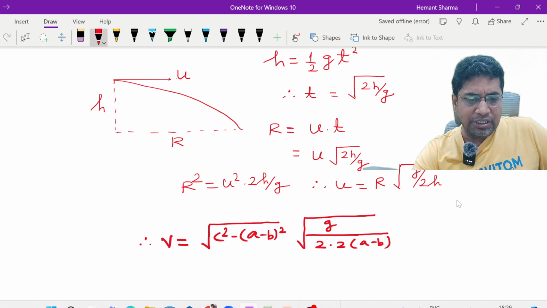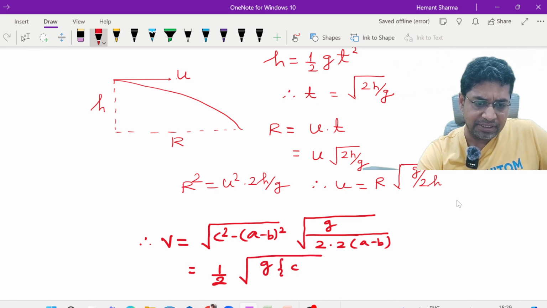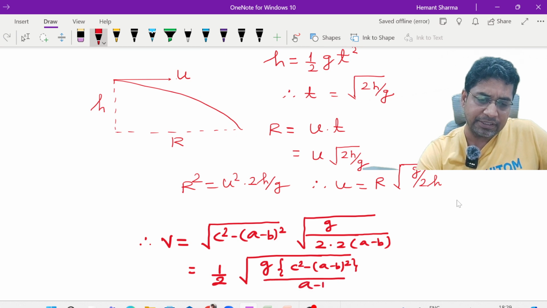So putting all these values, we will get this is 1 by 2 under root g multiplied with c square minus a minus b whole square divided by a minus b. This will be your answer.